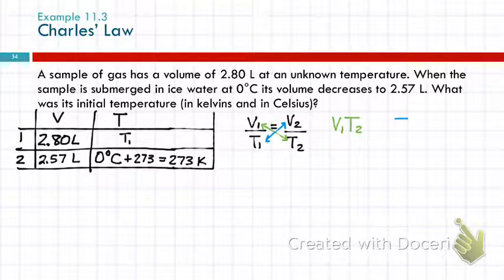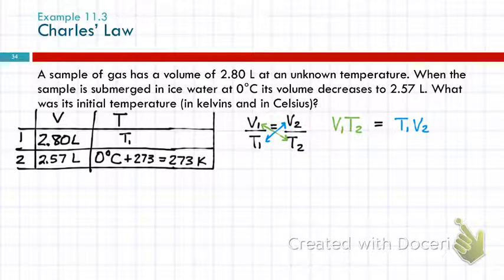So that's T1 and V2. So I have a cross here. Cross multiply. That way I get rid of the fractions. Otherwise people end up with really weird stuff.